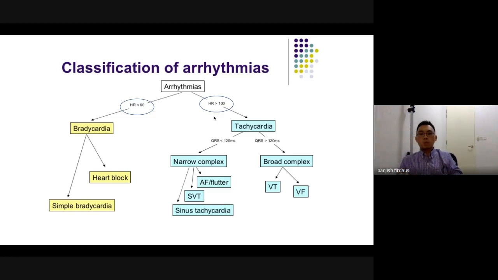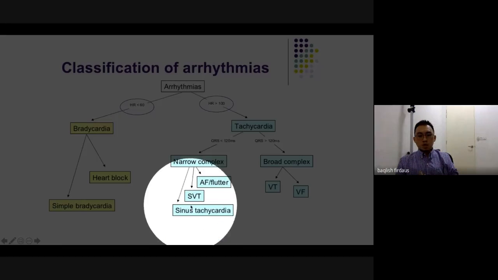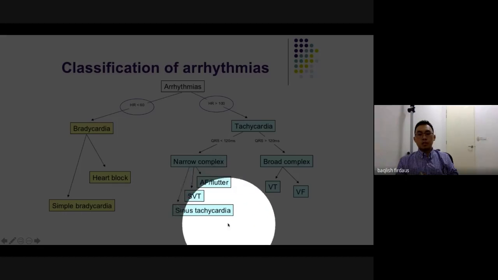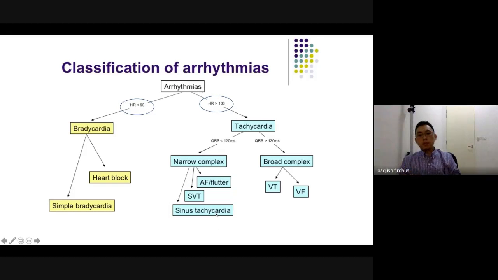Narrow complex means the QRS complex is less than 3 small boxes. It is further divided into atrial flutter, supraventricular tachycardia or sinus tachycardia. If the QRS complex is more than 3 small boxes, we call it broad complex tachycardia, and it's either ventricular tachycardia or ventricular fibrillation. For bradycardia, there is heart block or simple bradycardia.